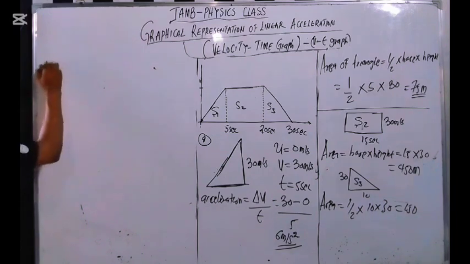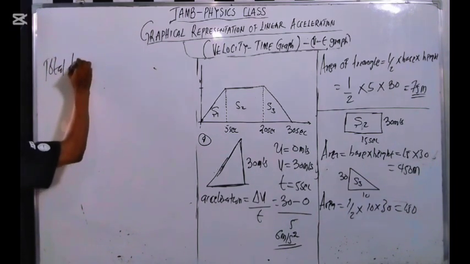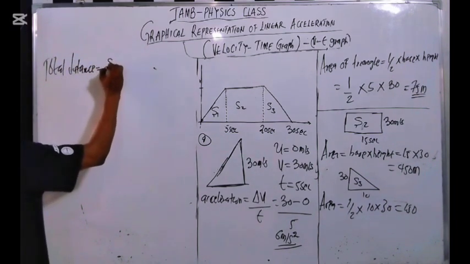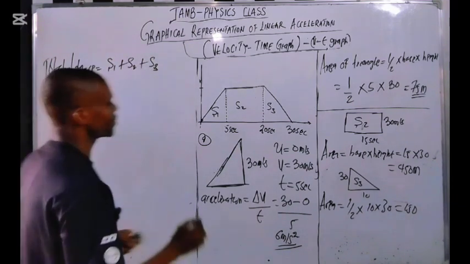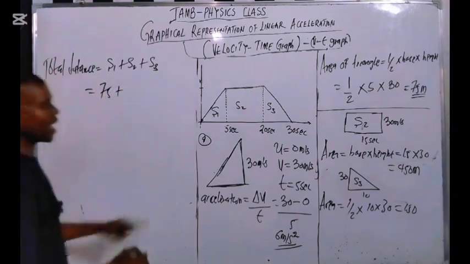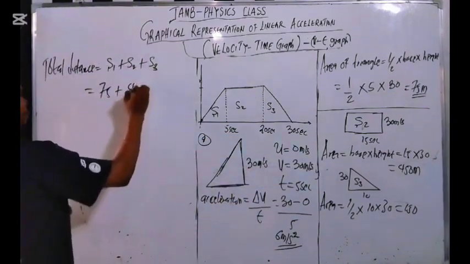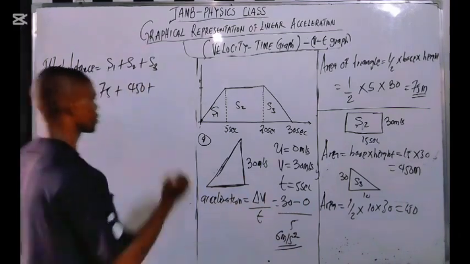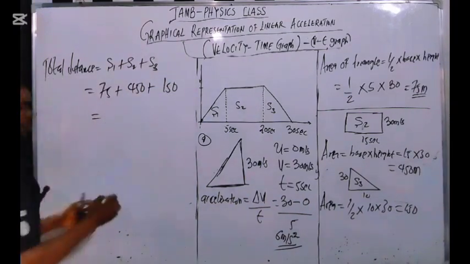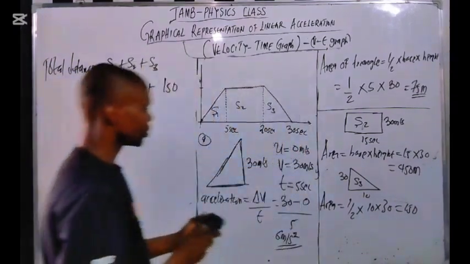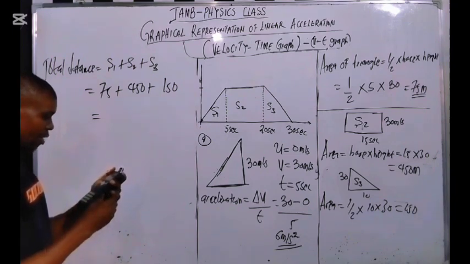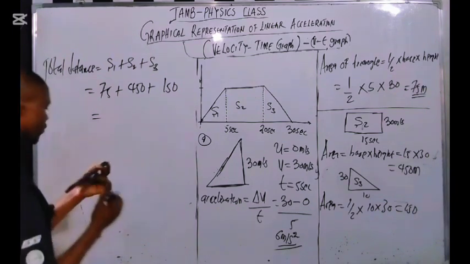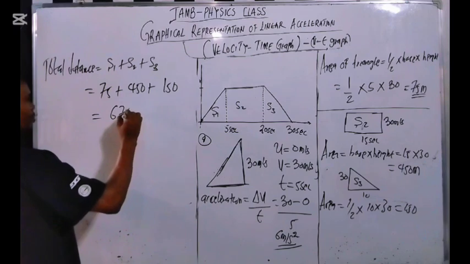Total distance equals x1 plus x2 plus x3. My x1 is 75, plus x2 is 450, plus x3 is 150. Sum everything together: 75 plus 450 plus 150, we have 675 meters.